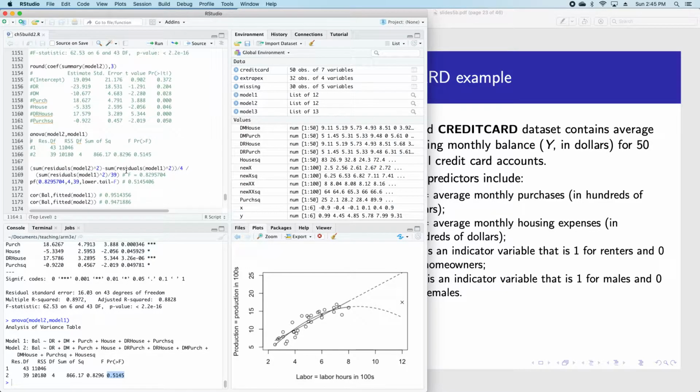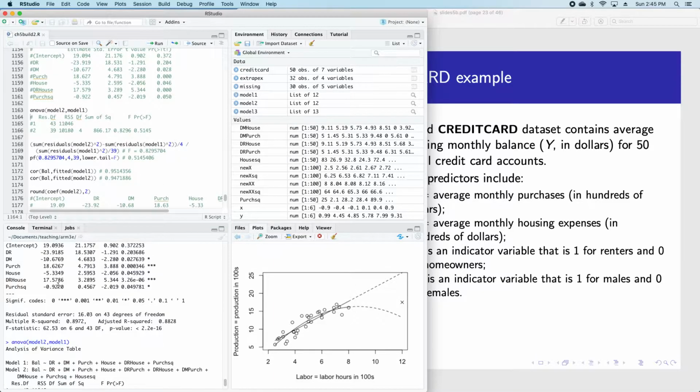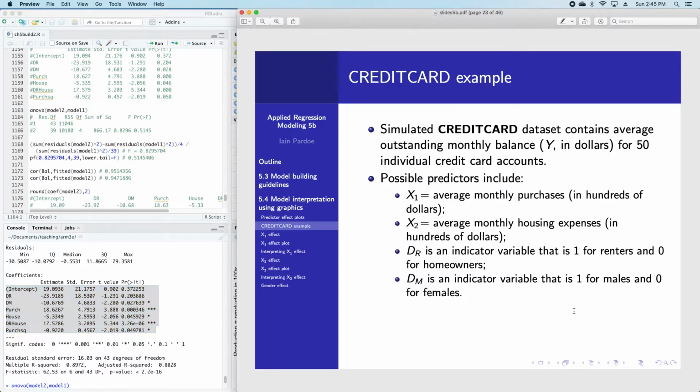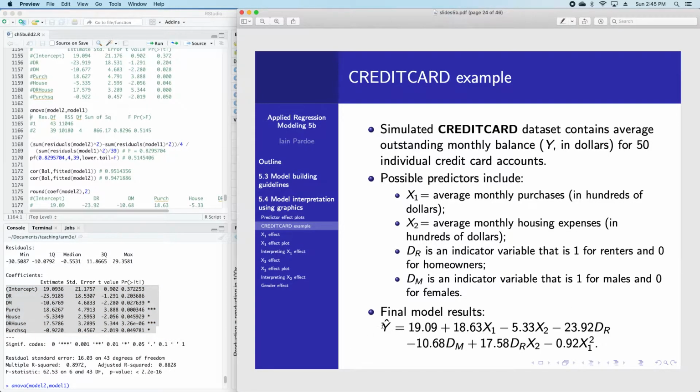in this case. Okay, so model 2 is represented in this table of coefficient estimates, so 19.09 for the intercept, minus 23.92 for the regression parameter that goes with dr, and so on. So that's what I've summarized here.